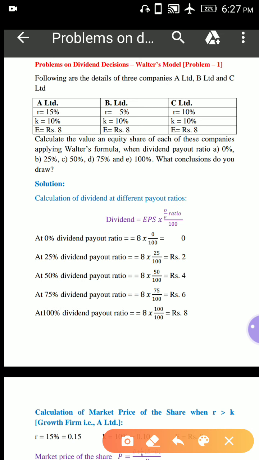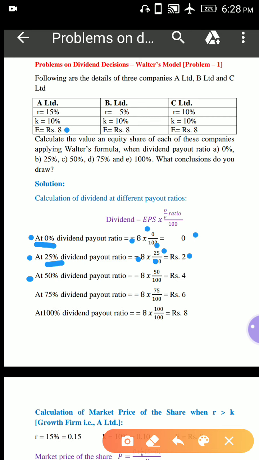Now at 0% dividend payout ratio, what is EPS here? 8. 8 into 0, dividend payout ratio is 0, 0 divided by 100, that is equal to 0. At 25% dividend payout ratio, EPS 8 into dividend payout ratio 25, 25 by 100, that is equal to rupees 2.